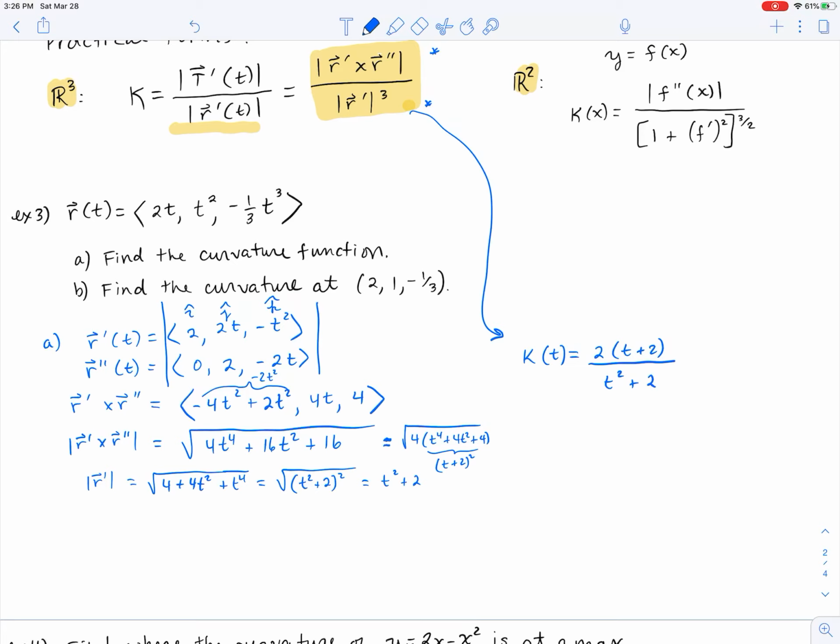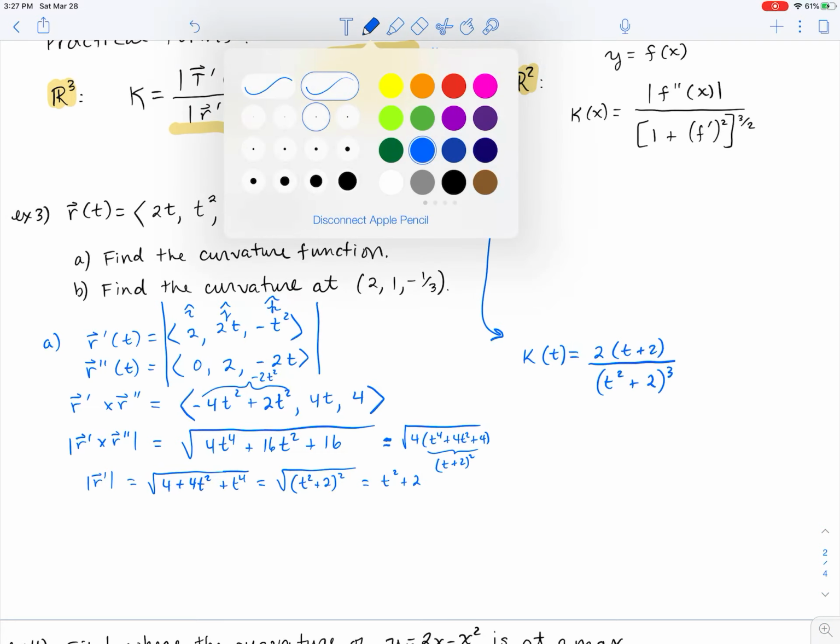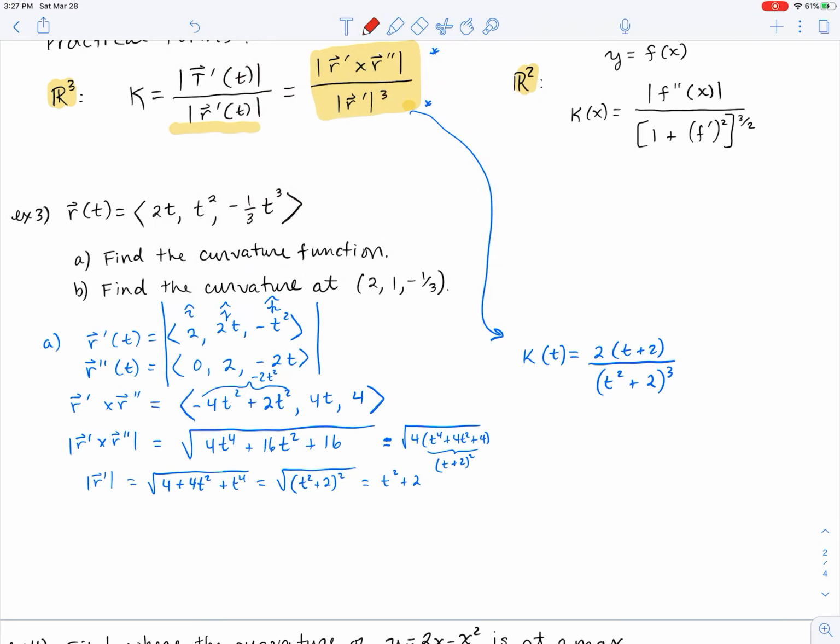And t squared plus 2 cubed, and I'm checking my notes to see if I did this correctly. So 2 over, this should be t squared plus 2. Okay, let me see where I made my mistake, and that's right here.